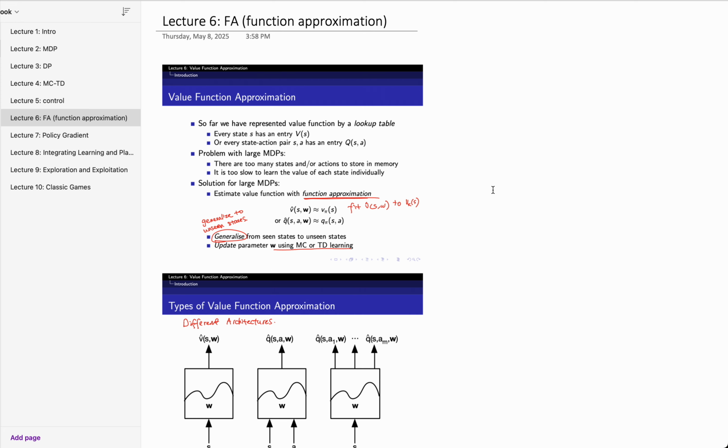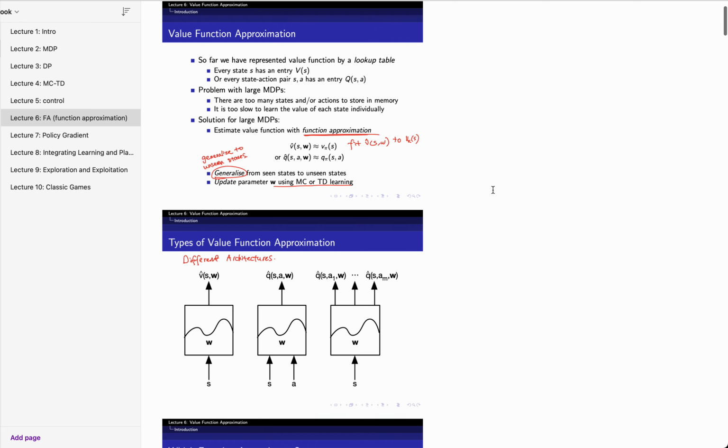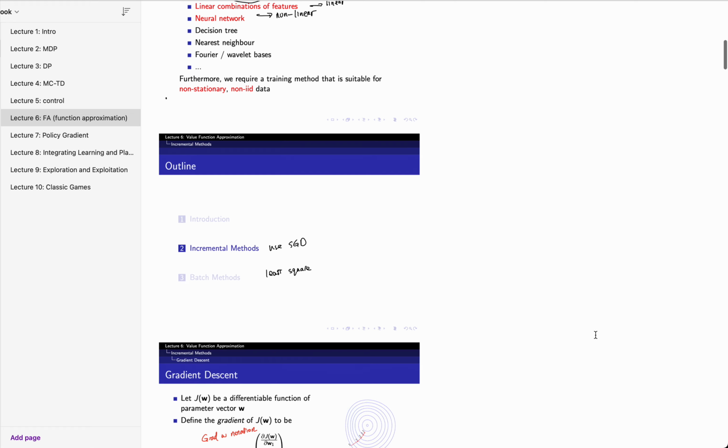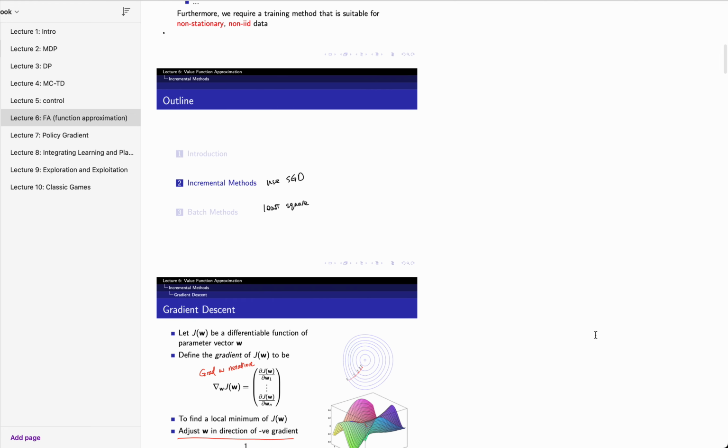So lecture 6 talks about using neural networks to update the value functions using incremental methods, stochastic gradient descent, or batch methods, least squares, with no policy involved. The policy is derived.